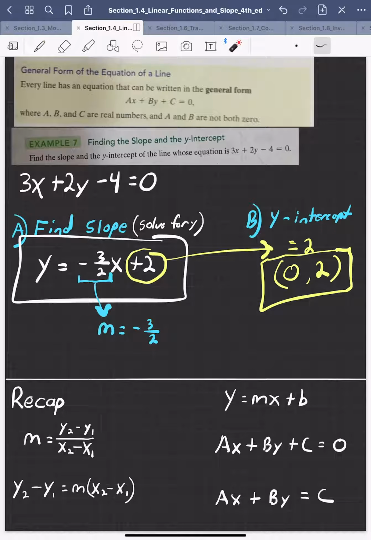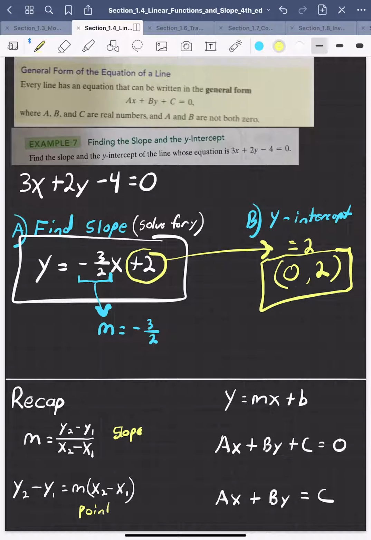So let's recap. If you have 2 points and you want the slope, then this is the formula you want. This is what we call the slope formula. Now, if you have a slope and a point and you want the equation of the line, this is your formula.